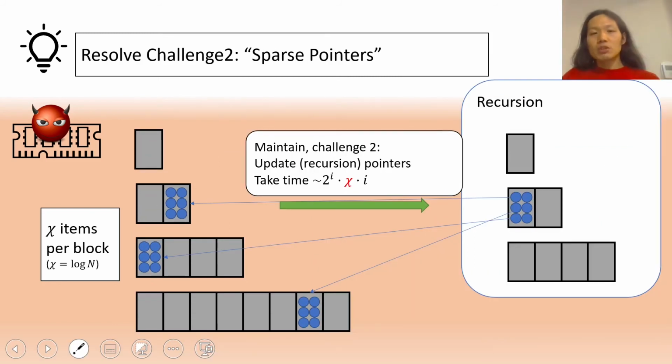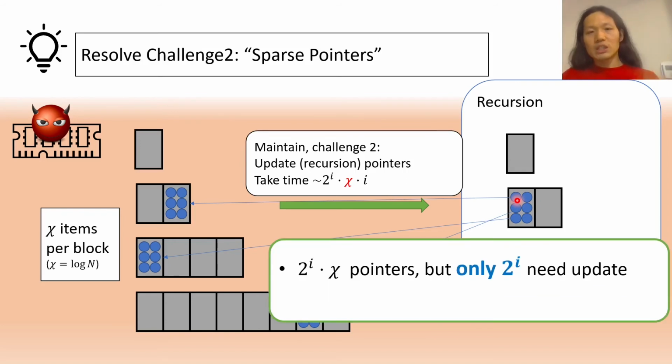Challenge number 2 is more involved. We want to update the pointers for all the blocks that were shuffled in the previous step. We rely on two key observations. In the first observation, we see that there are only 2 to the I blocks that are shuffled. So there are only 2 to the I pointers that need an update.